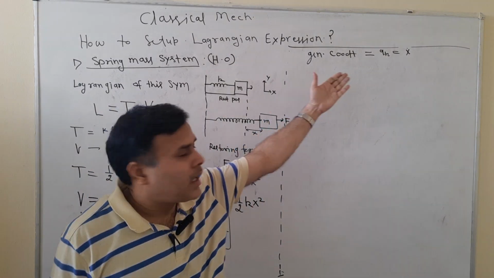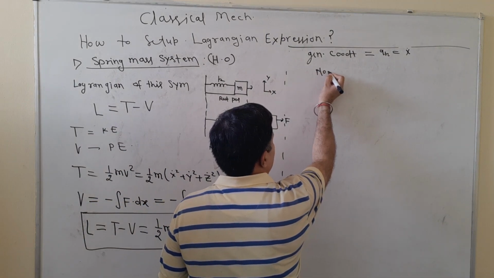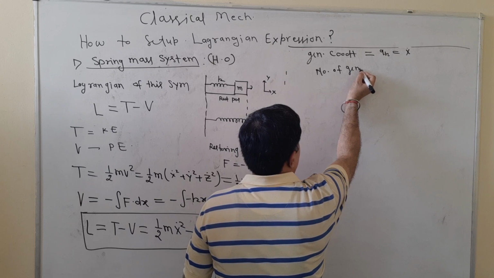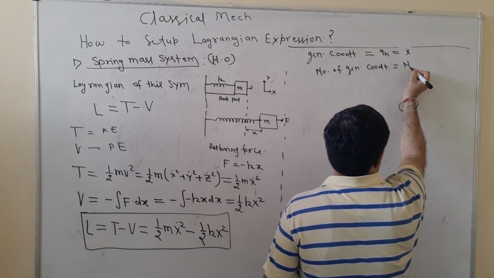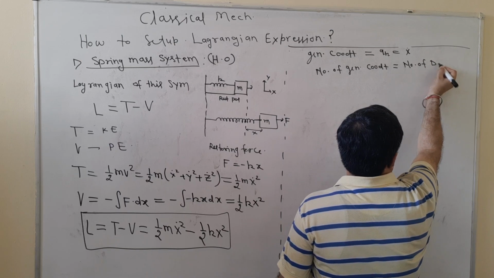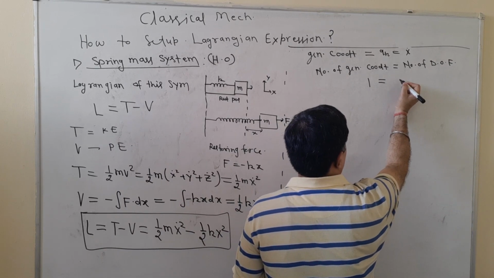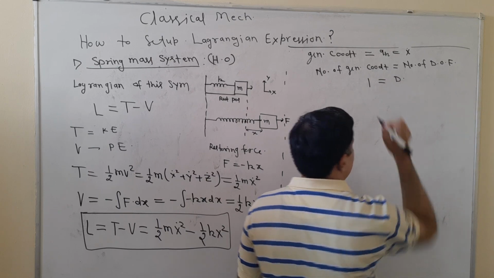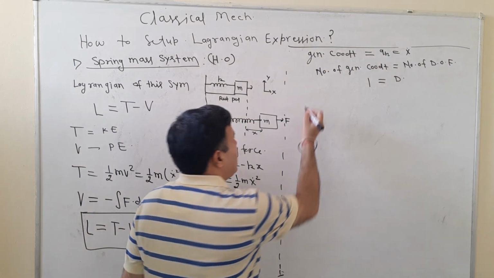The number of generalized coordinates is equal to the number of degrees of freedom. So the number of generalized coordinates is 1, which is equal to the degree of freedom. Let us evaluate the degree of freedom for this system.